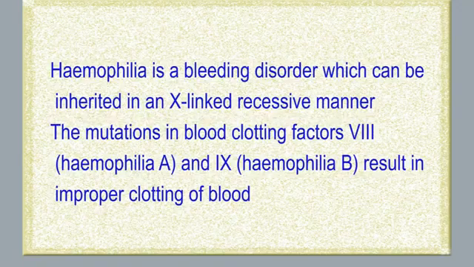Hemophilia is a bleeding disorder which can be inherited in an X-linked recessive manner. The mutations in blood clotting factor 8, that is hemophilia A, and factor 9, that is hemophilia B, result in improper clotting of blood.